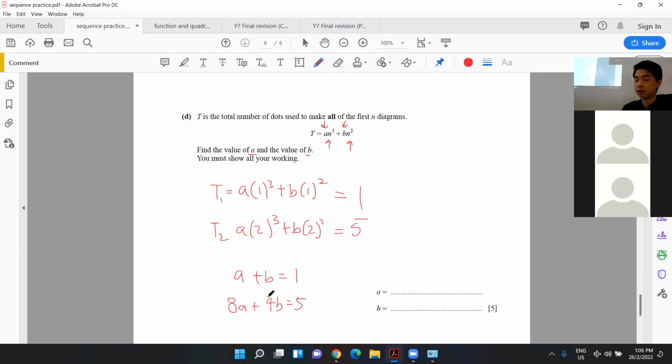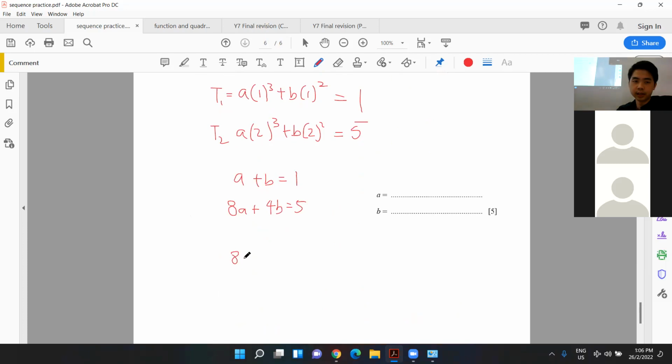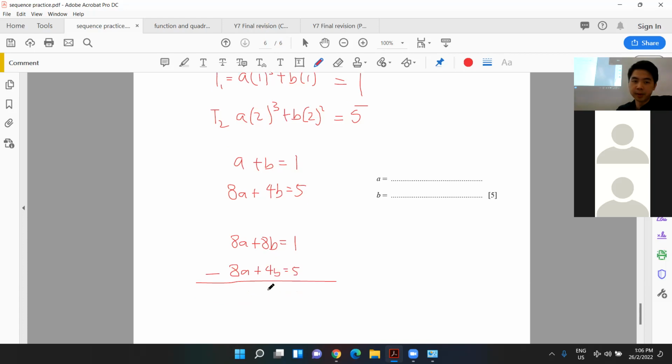Solve the simultaneous equations. Subtracting, 8b minus 4b is 4b, equals -4, so b equals -1. Then a plus -1 equals 1, so a equals 2.